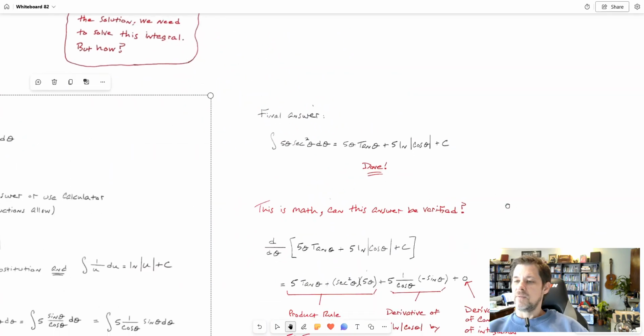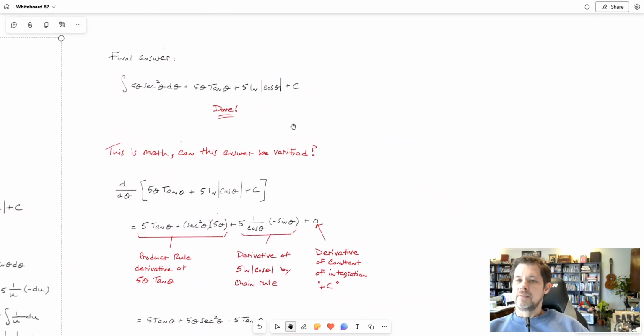Now, one more thing I want to show you. We're doing math here. Maybe there aren't a whole lot of numbers, but it is math. At the end of the day, everything is a number here. Can this be verified? Now, when I say this, I'm not saying that I want you to verify every answer that you get, because that could take too long. But I think you should know that it is possible, and I think you should know how, as part of having a complete understanding.